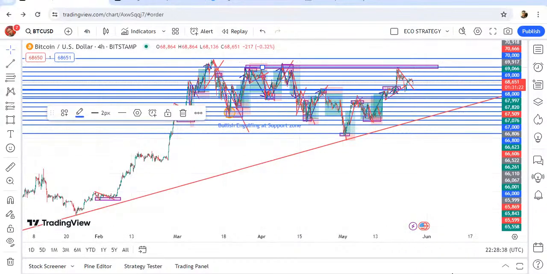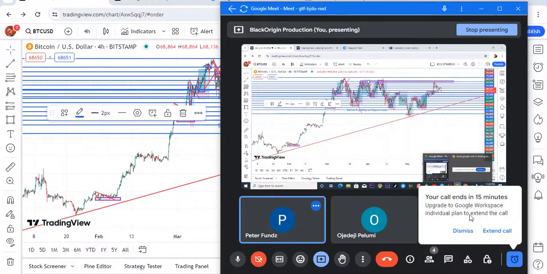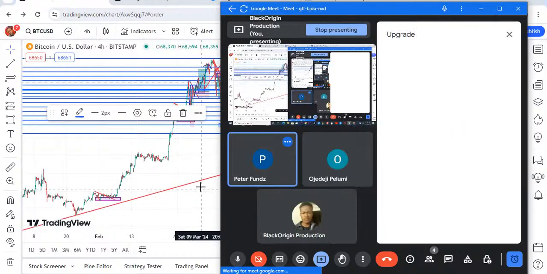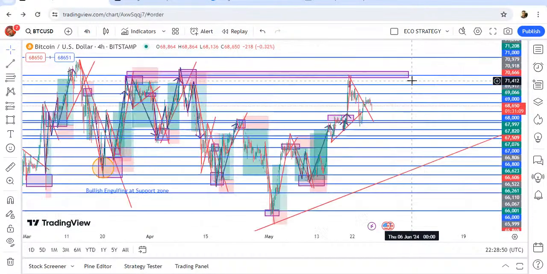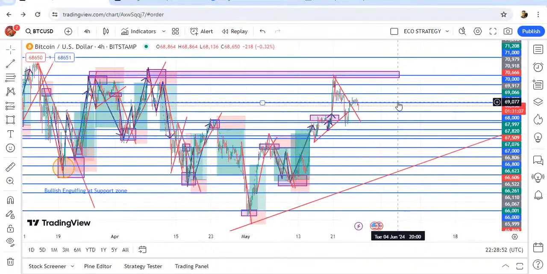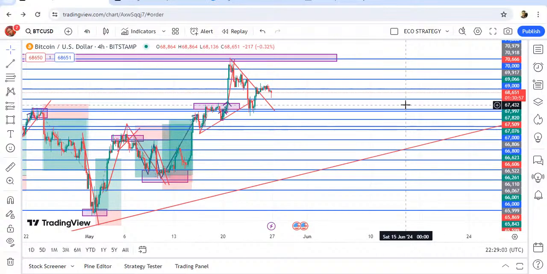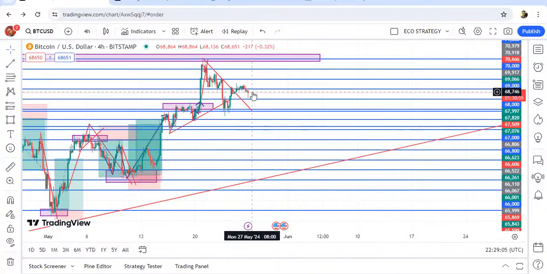68706. Okay, this is where your limit is. Let's go to a lower time frame and look at the limit again.